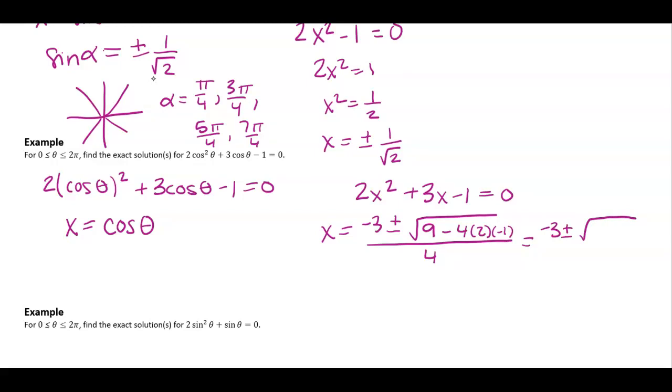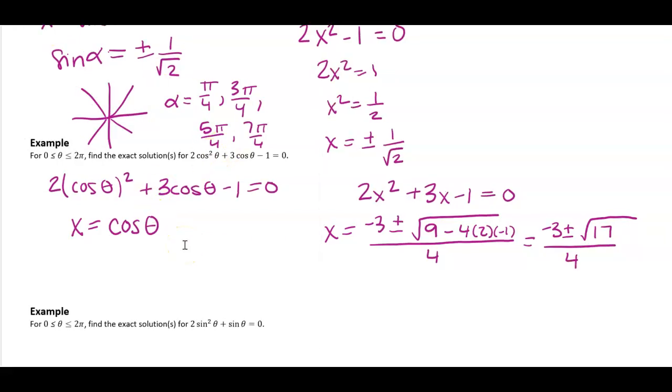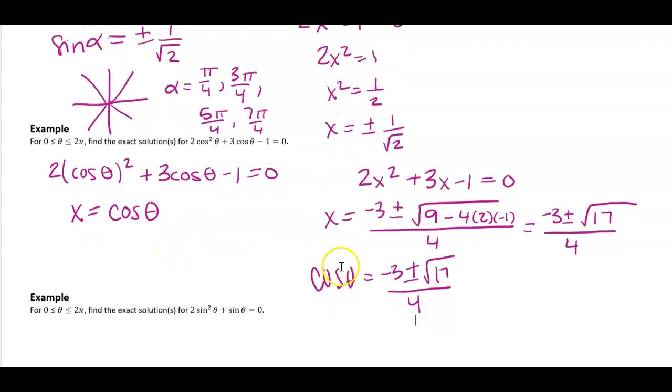So I have 9 plus 8, all over 4. And so I need to then have that cosine of theta needs to be equal to negative 3 plus or minus the square root of 17 over 4.